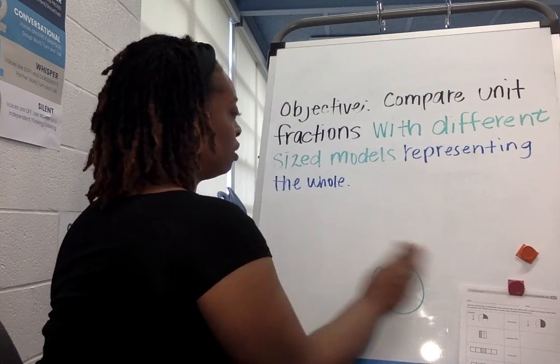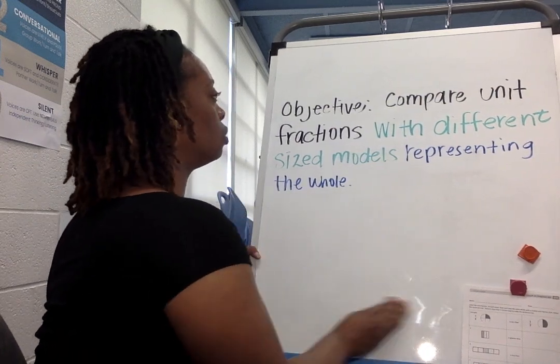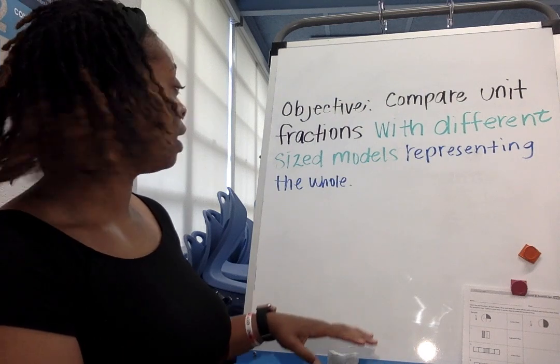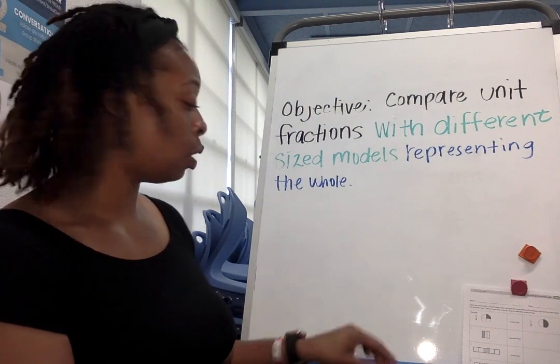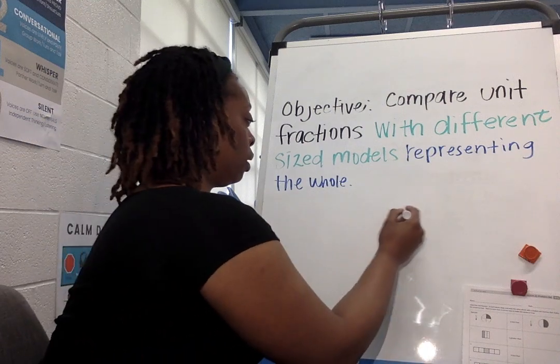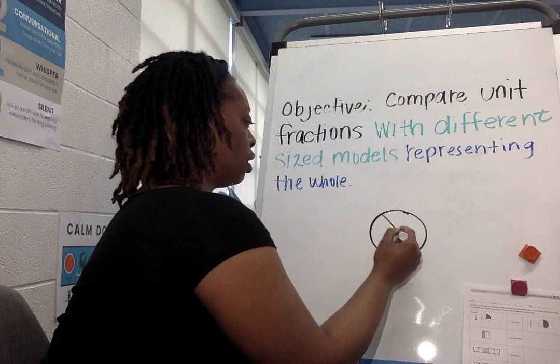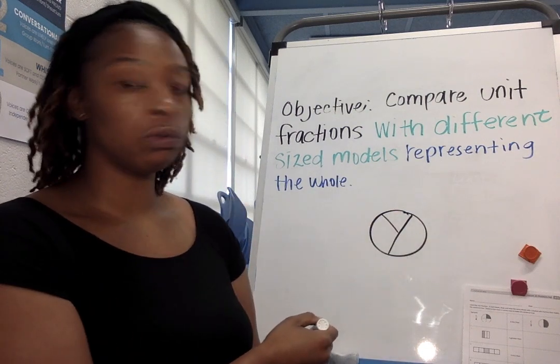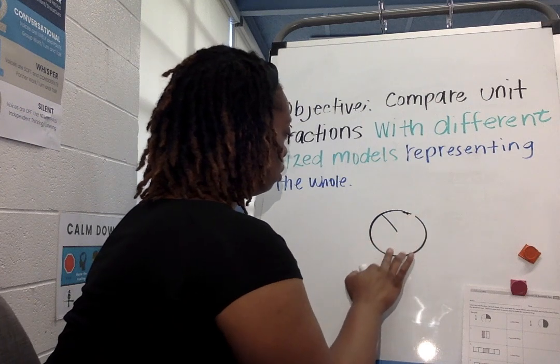And lastly, it says representing the whole. So you're comparing unit fractions with different size models, different shapes, representing the whole. So if someone asks you to draw a model showing a circle showing 1/3, okay, this circle still represents the whole. Okay, that's not quite even.